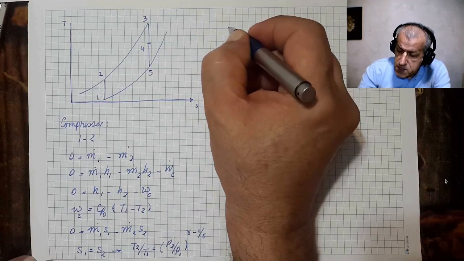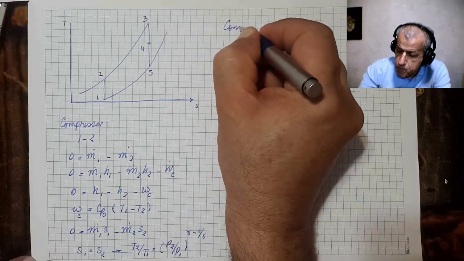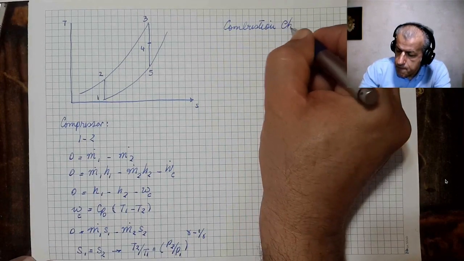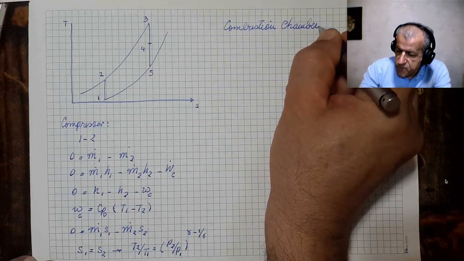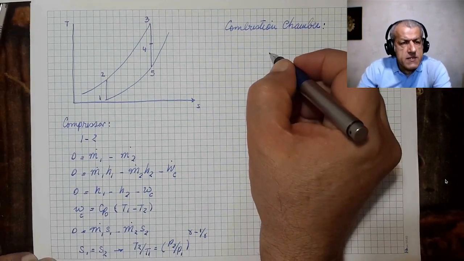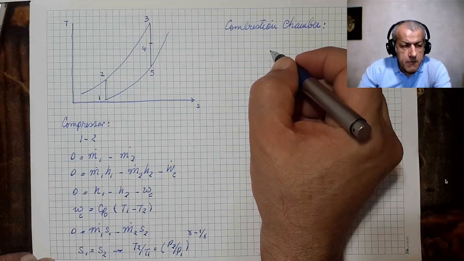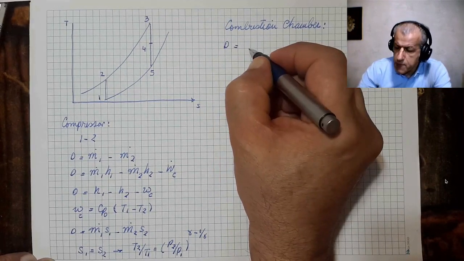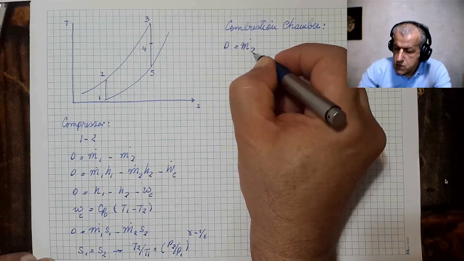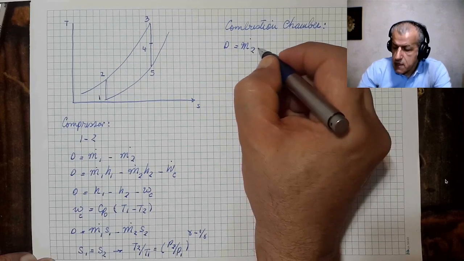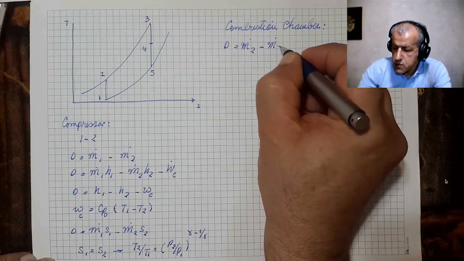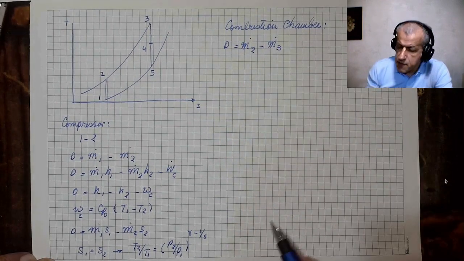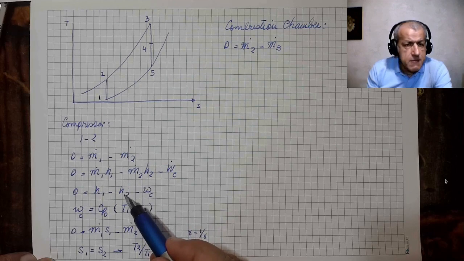Now, for the combustion chamber, again, the mass conservation would be 0 equals m dot 2, which is the incoming mass, minus m dot 3, which is the outgoing mass. The first law of thermodynamics would simplify similarly.